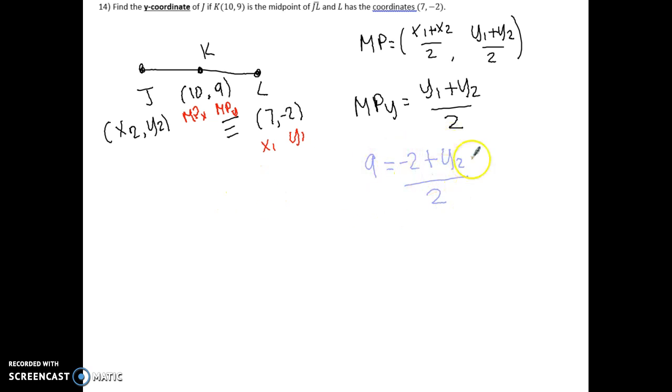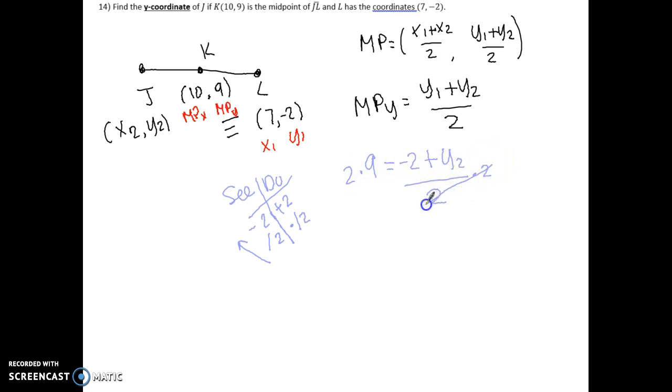So this is solving for y2, which would be the see and do chart that we went over. So here we are adding 2 and then dividing by 2. Let me extend this a little bit. So here you would subtract 2 and you would multiply by 2. But since we start from the bottom up, let's multiply both sides by 2 first.